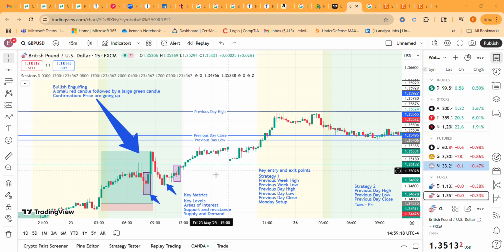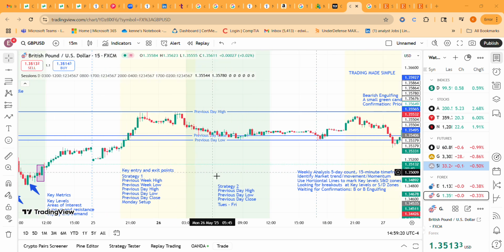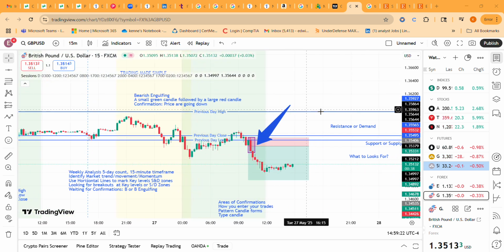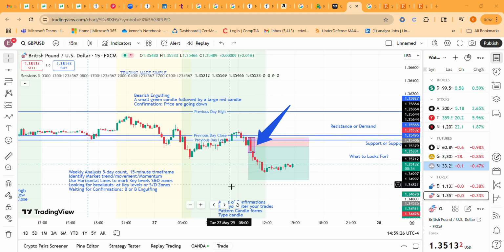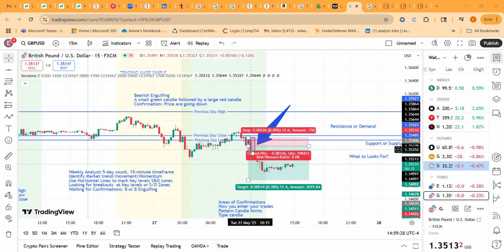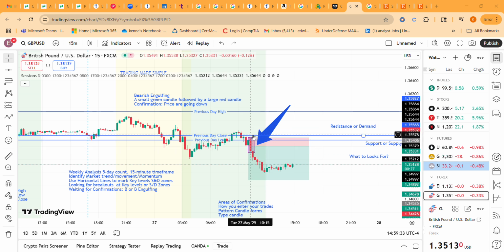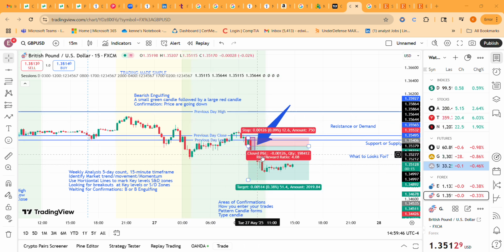So now let's look for a reversal, when to sell. And this is how I entered this trade today, right? Whenever we see a red or bearish candle that engulfs a bullish candle, so your bullish candle is going to be smaller than your bearish candle, we know that prices are definitely going to drop.